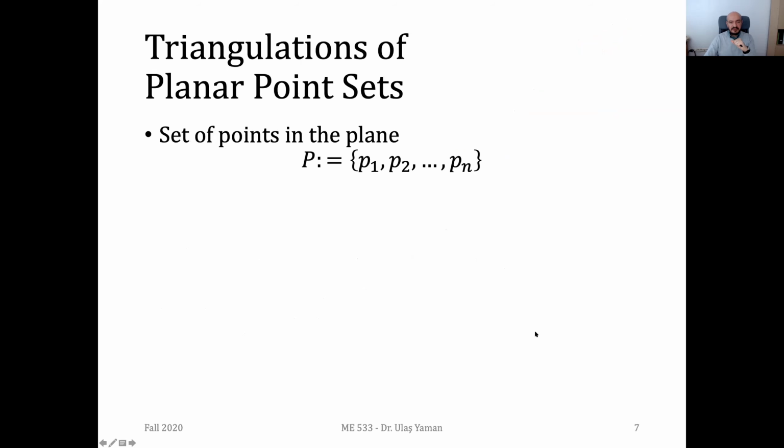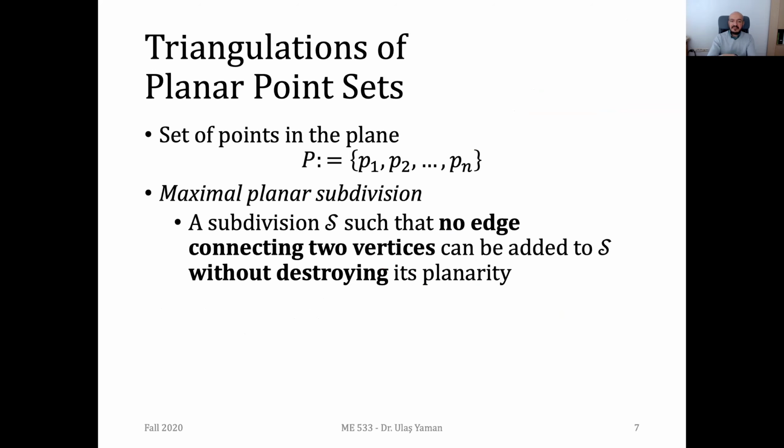So these are the inputs, the points on the plane, and we will be dividing this plane into some subdivisions, and this subdivision is such that you cannot add extra edges without destroying the planarity of the triangulation.